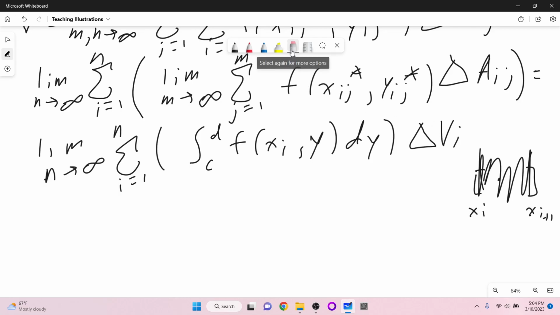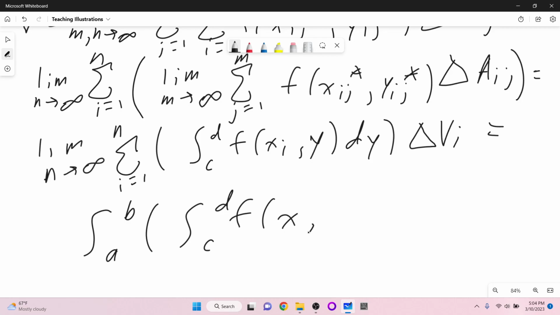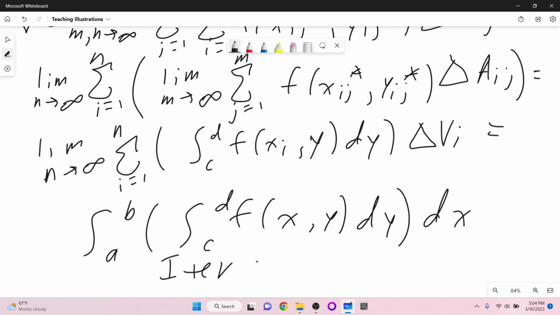Then add those up. Well, that becomes another integral. See, we have another limit of a sum here. So that then becomes the integral from a to b of the integral from c to d of f of x, y, dy, dx. This is called an iterated integral.